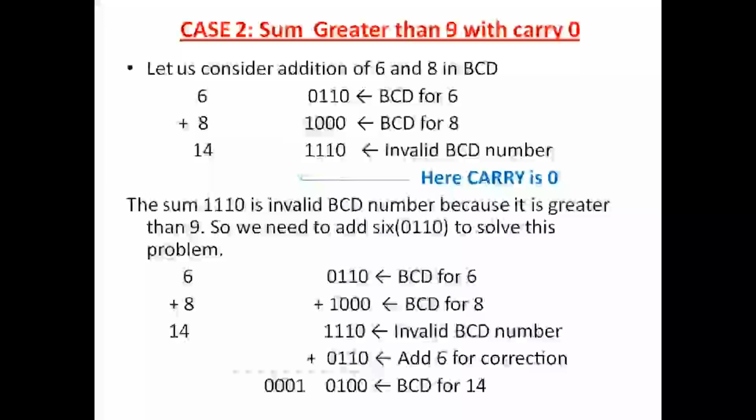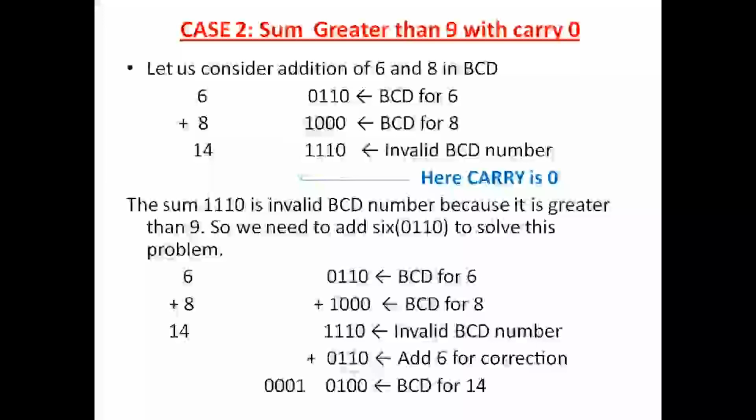So for this problem, if you read the slide, the sum 1110 is invalid in BCD because it is greater than 9. Always remember, our BCD should be 9 or below. It should not be greater than 9.